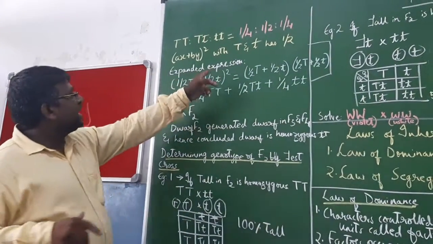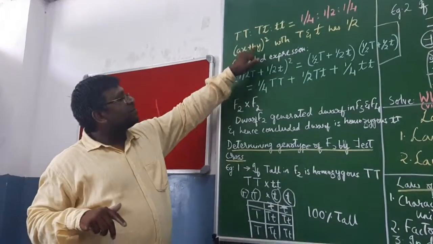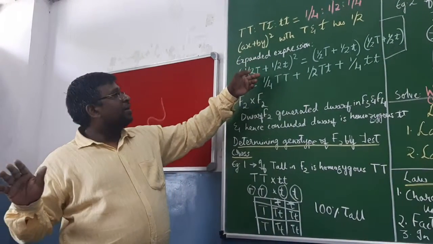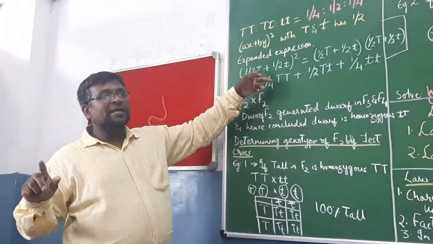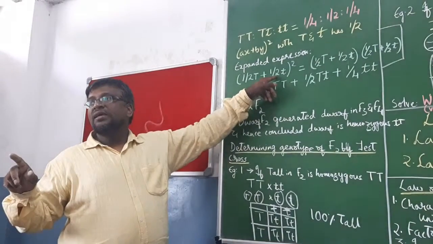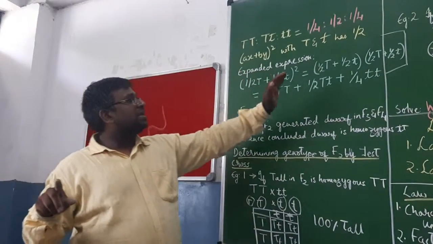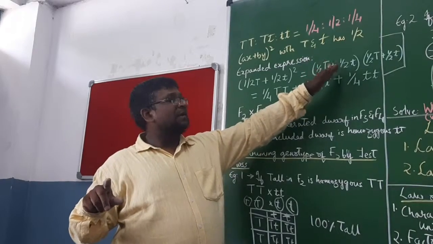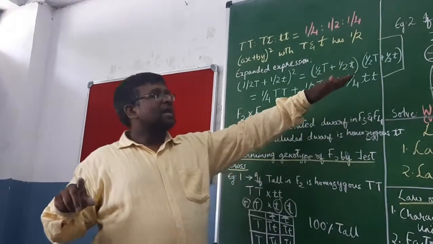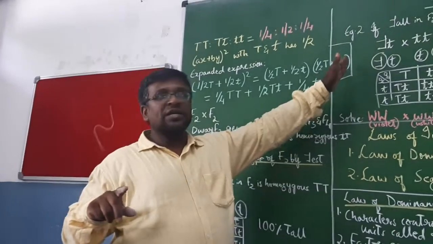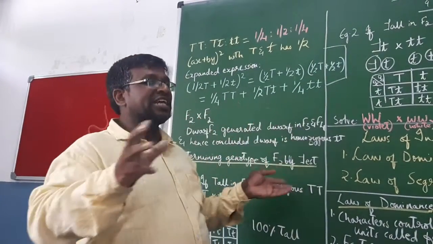So the expanded expression is the same way, (ax + by) whole square. When you expand it, (half of capital T plus half of small t) the whole square. It can also be written as (half of capital T plus half of small t) into (half of capital T plus half of small t). You can multiply it, it will be just expanded.